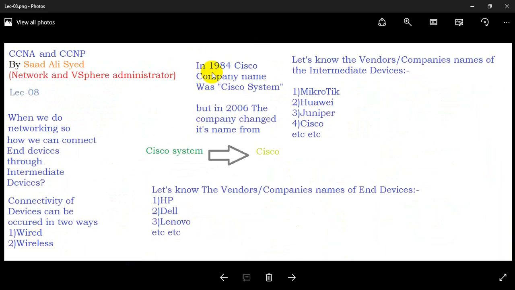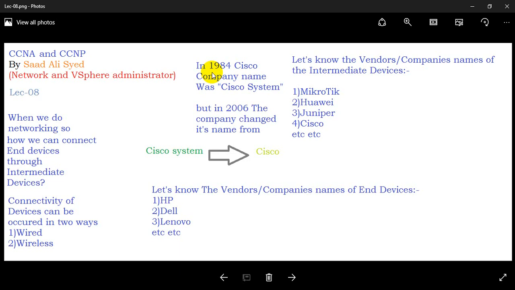In 1984, the Cisco company name was not Cisco. In 1984, its name was Cisco Systems. But in 2006, after 22 years, the company changed its name from Cisco Systems to Cisco, purely Cisco.